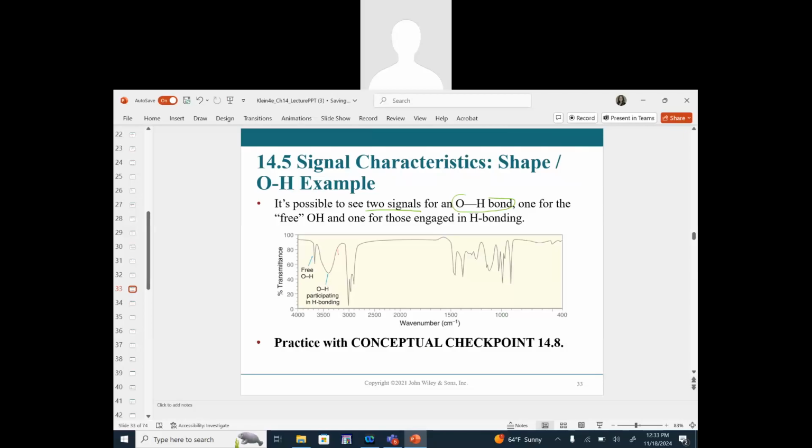So our alcohol that's capable of hydrogen bonding can produce this type of signal shown here. This broad tongue, if you will, is indicative of the OH stretch for hydrogens that are participating in H bonding.